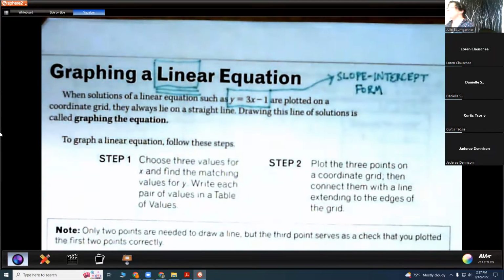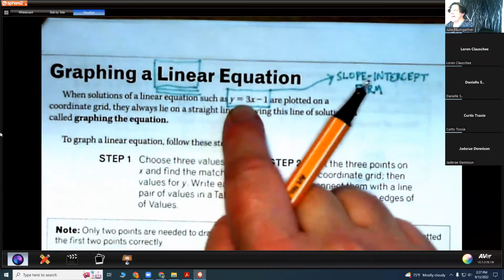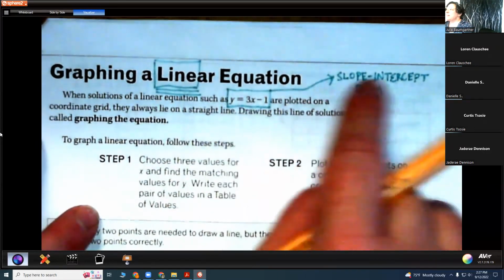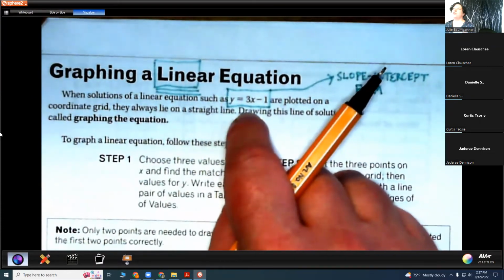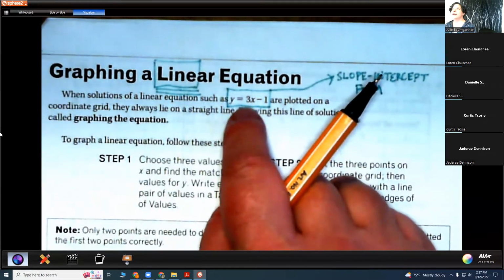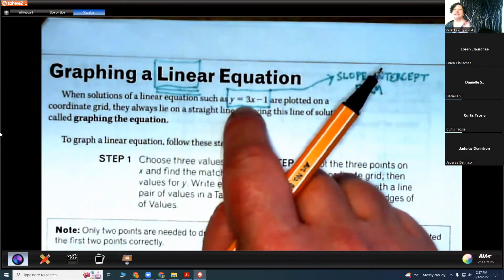Okay, there's a couple of other forms that linear equations can take, but this form is going to be the most helpful and the most useful, or it's going to be kind of like the standard form of our answer.